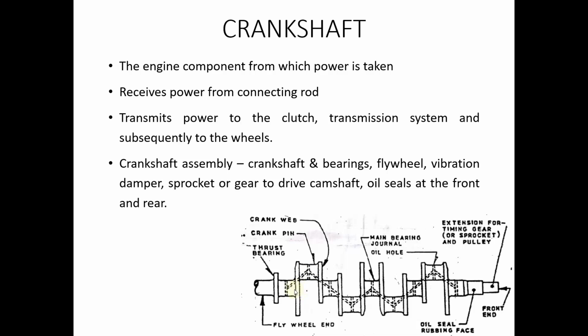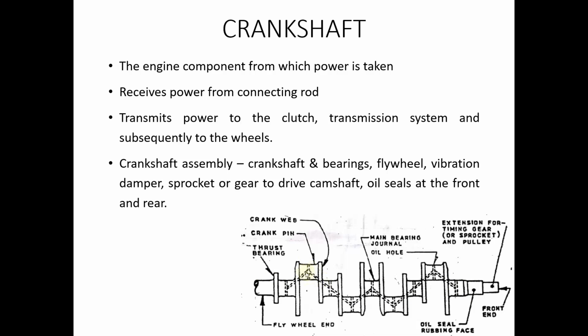When the crankshaft rotates, due to the centrifugal force, the oil is transferred through the holes drilled in the crank web part, and it flows to the other parts of the crankshaft. So that is how we ensure that the crankshaft is fully lubricated while it is being rotated.